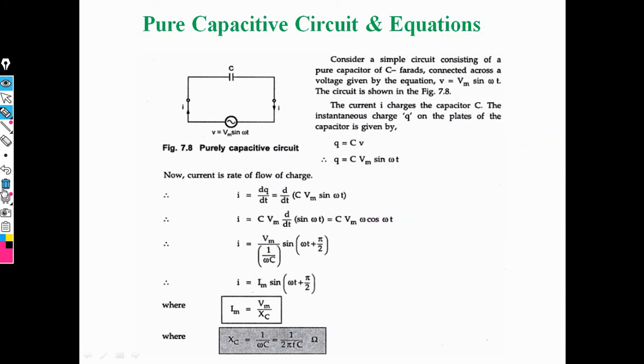Now in this circuit we have to calculate the current. Current is the rate of change of charge with respect to time.